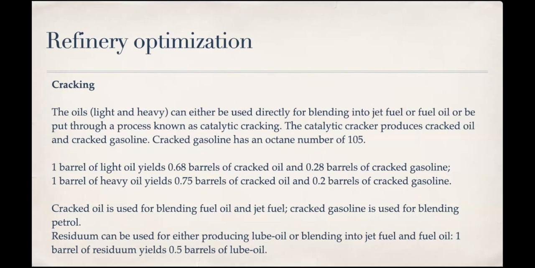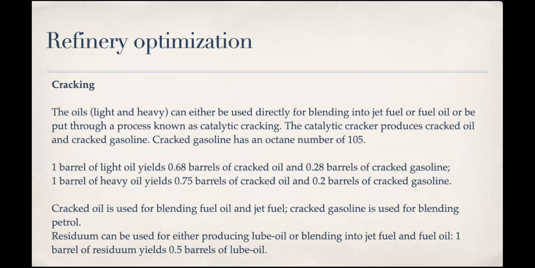Crack oil is used for blending fuel oil and jet fuel. And crack gasoline is used for blending petrol. And the last one, residuum. Residuum is the heaviest product from distillation, right?